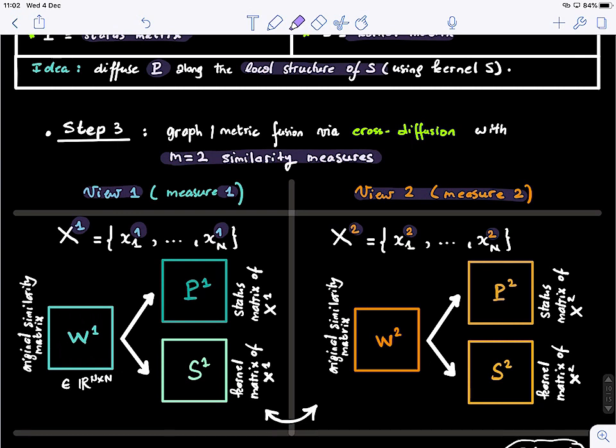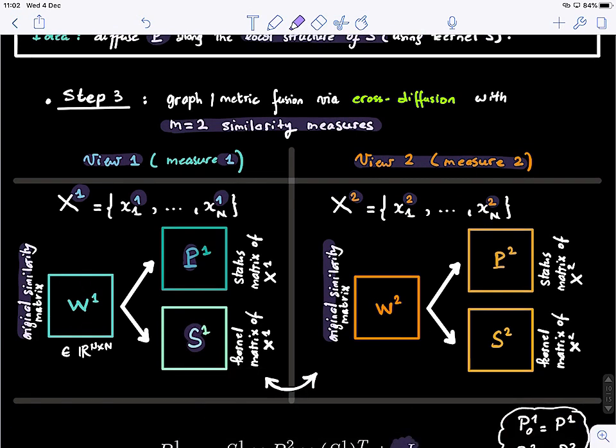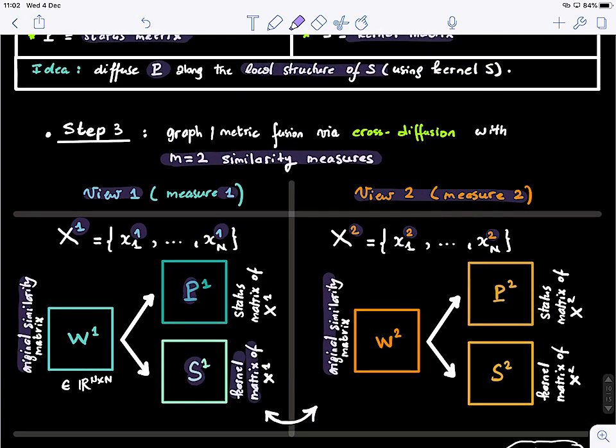We have our original similarity matrices W1 and W2. Then we derive the status matrix P that carries the global topology of the graph, and we extract the S matrix or kernel matrix that carries the local topology, which only preserves high similarities. We do the same thing for the second data set: we extract W2, P2, and S2.